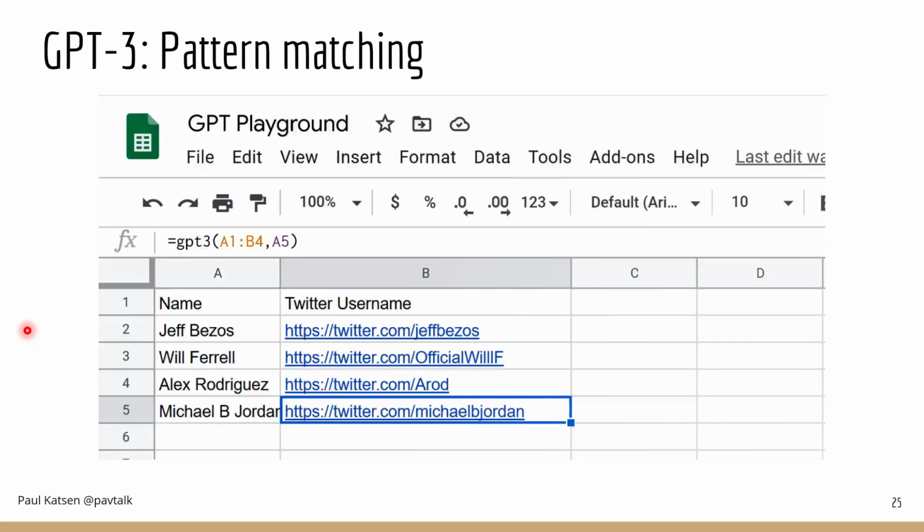Again, I'd like to stress here that there is nothing in the objective of GPT-3 about any of these relationships. The only objective we had during the training of this model was language modeling. And it is very interesting to see that the model is able to capture various types of patterns.